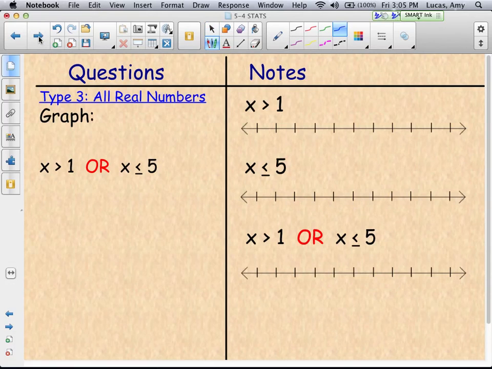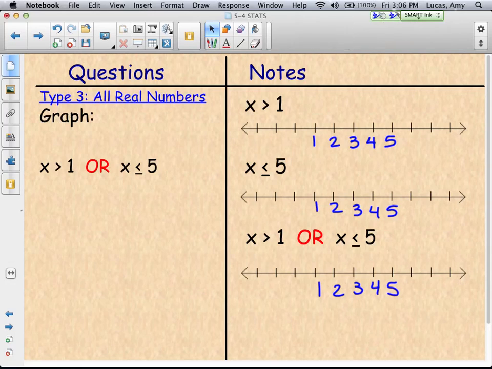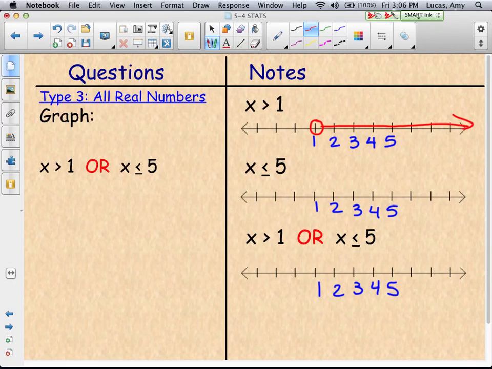How does this happen? Our number line from 1 to 5. My first ray, greater than 1, goes to the right, open circle. Second one, less than or equal to 5, goes to the left with a closed circle.